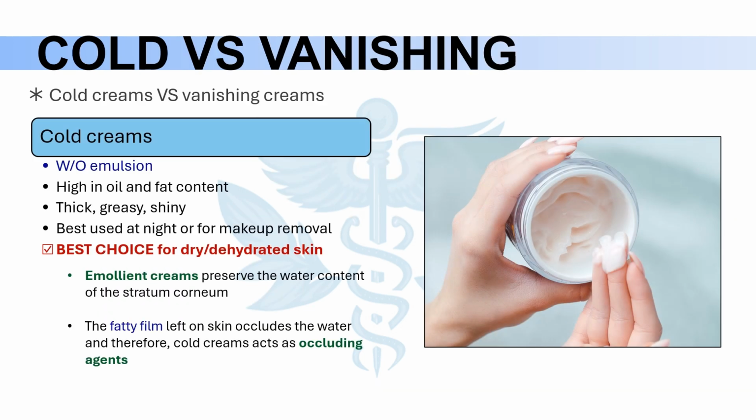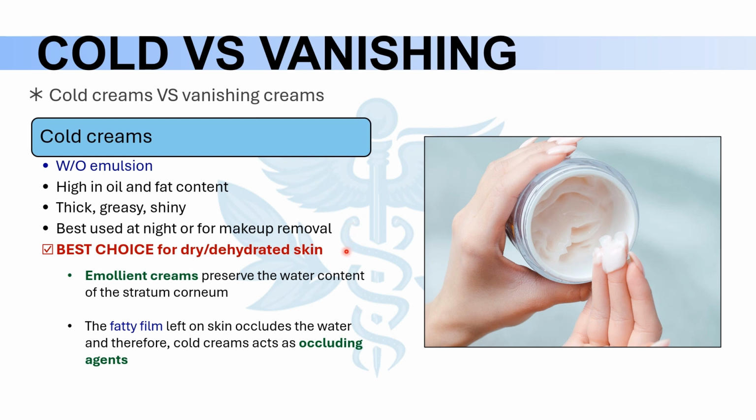Let's begin with cold creams. They are water in oil emulsions, and since the external phase is oily in nature, we can say that cold creams have a high oil content, and hence they are thick, greasy, and shiny. And if we were to use them, it would be best to use them at night or for makeup removal.